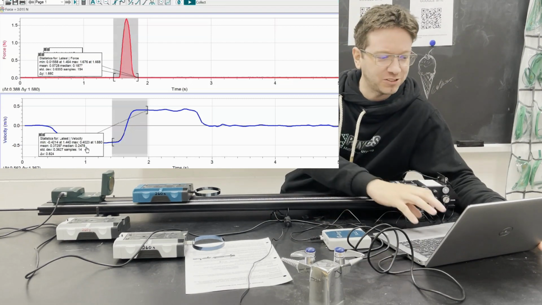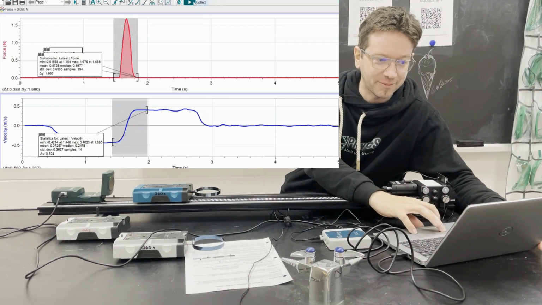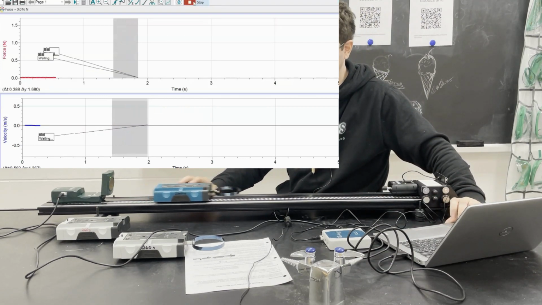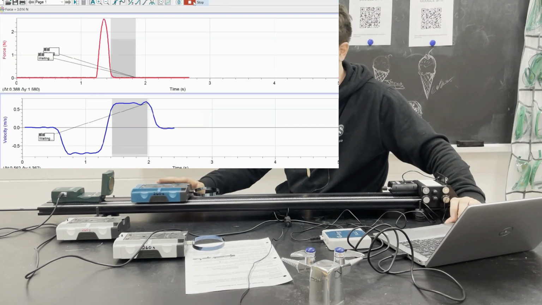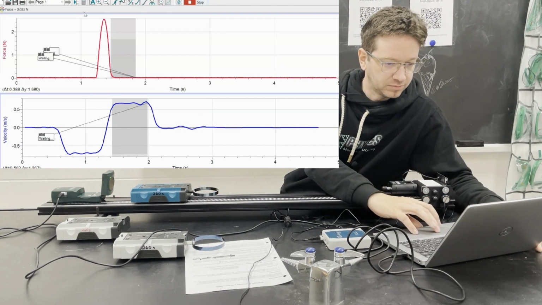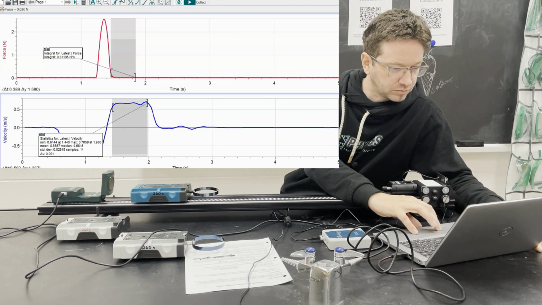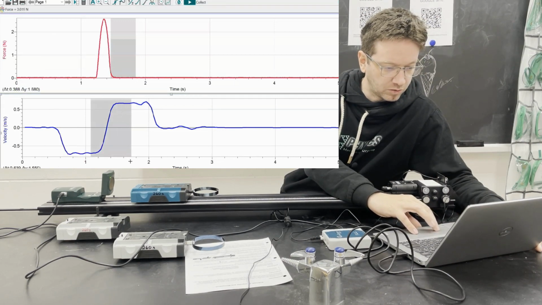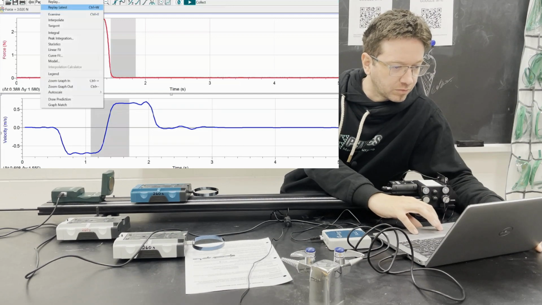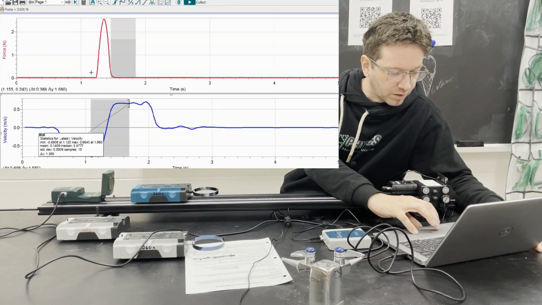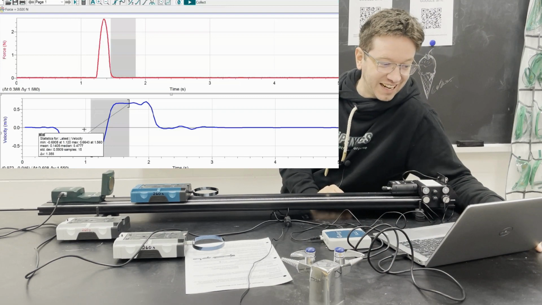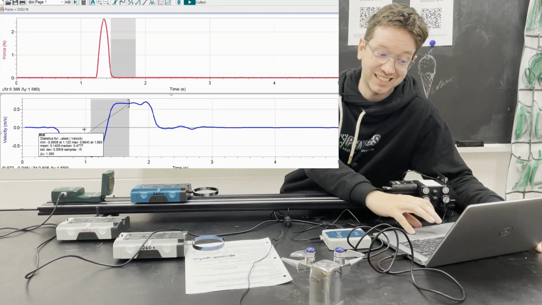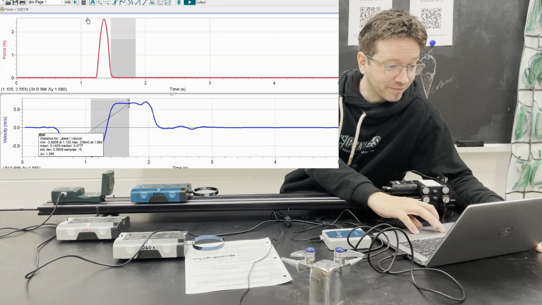I'll do it again, but I'll try to throw it a little faster, like last time. All right, our change in velocity, negative 0.6908 meters per second to positive 0.6643 meters per second.